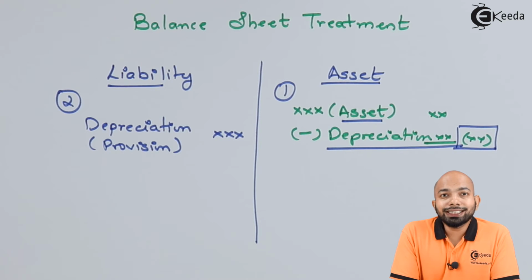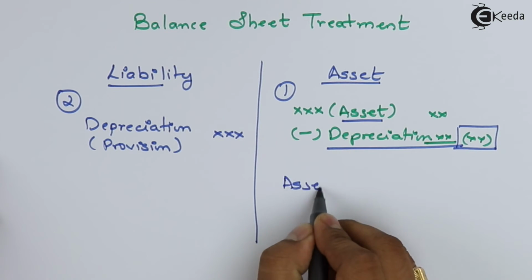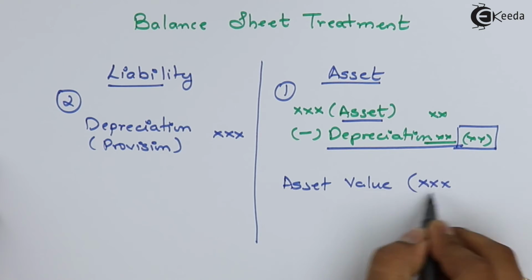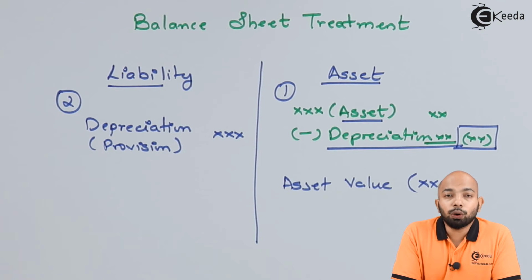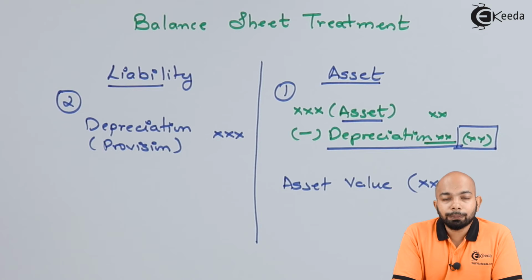However, if you are using the second method, whereby a provision for depreciation has been created, in that case the asset value will remain the same. I'm showing you a different asset account here. This asset will have the original cost itself, only in case you're using provision for depreciation.